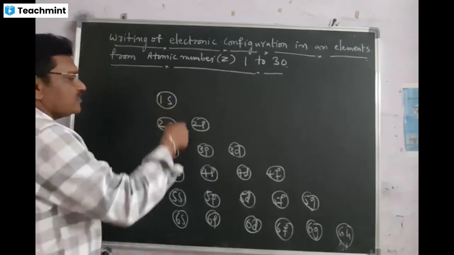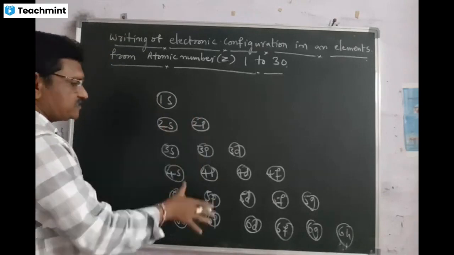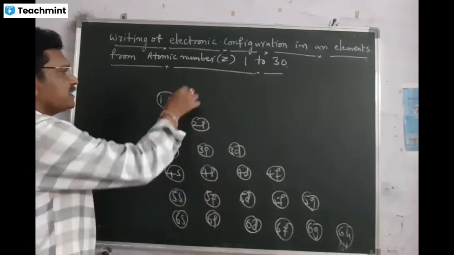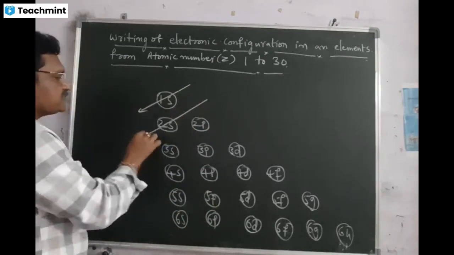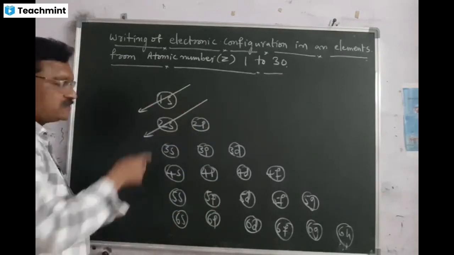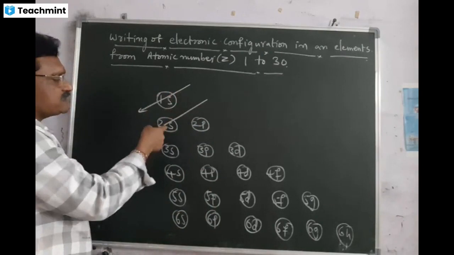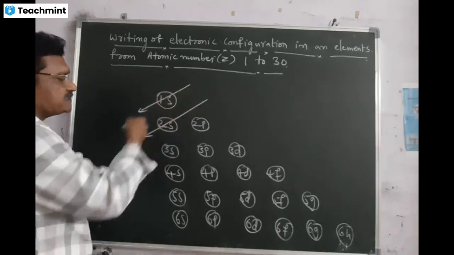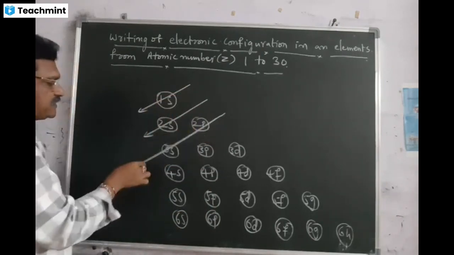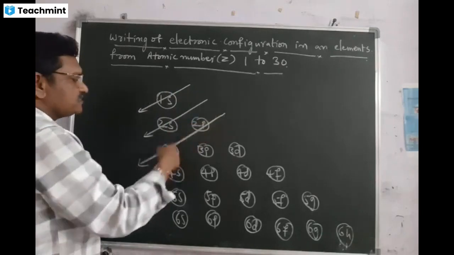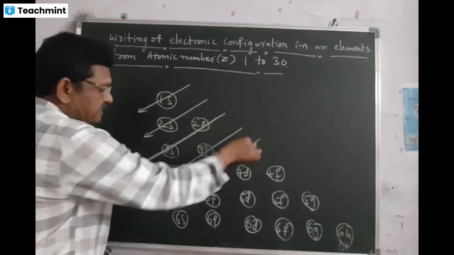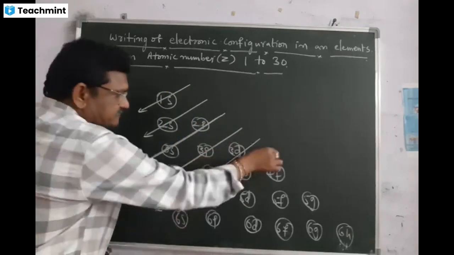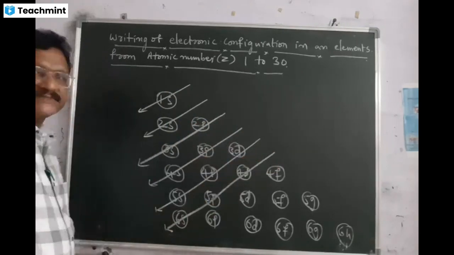See, for the Moeller diagram, first you write the subcells like this, and you strike arrows: two subcells like this, here 1s, 2s, and next two subcells, and next three subcells.